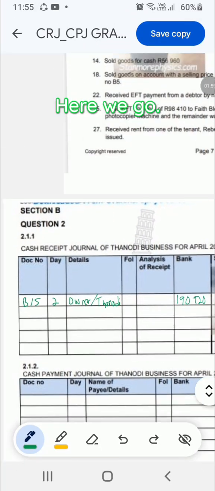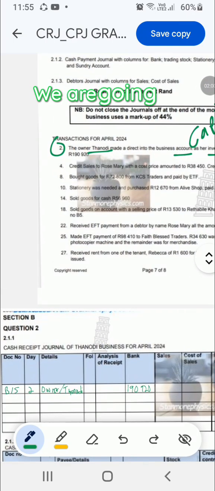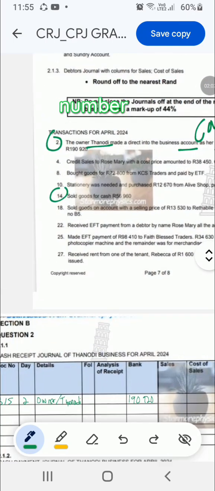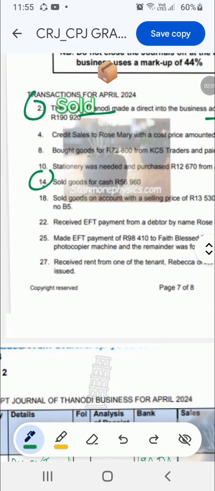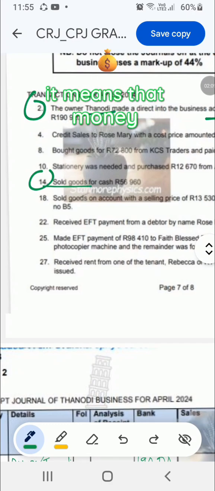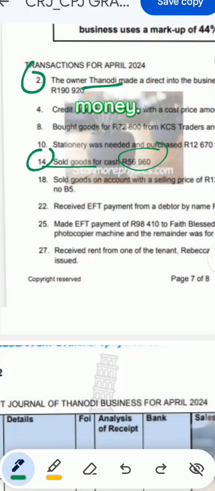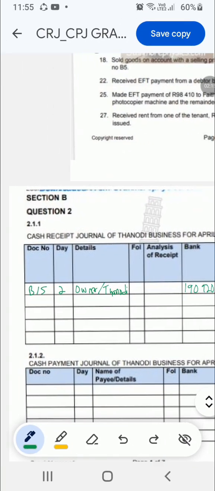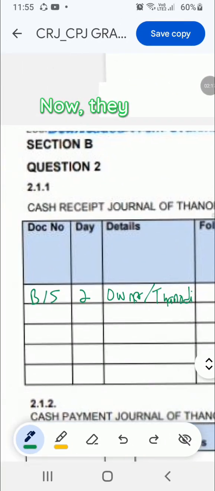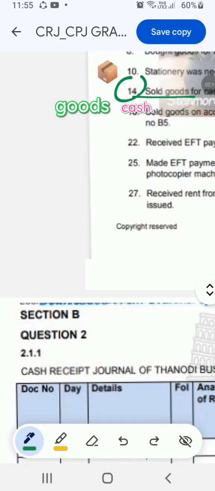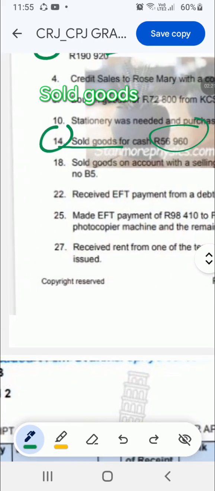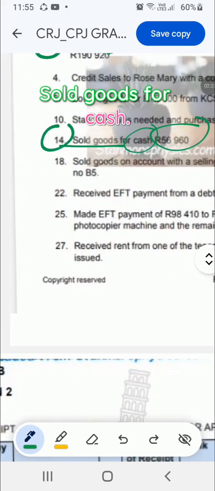Here we go. We are going to go straight to number 14. Sold goods. The fact that they sold something, it means that money is coming in. This is the amount of money. Now, they sold these goods for cash.